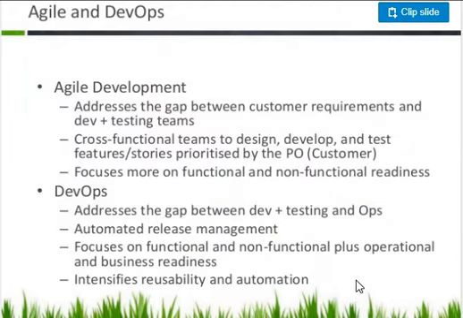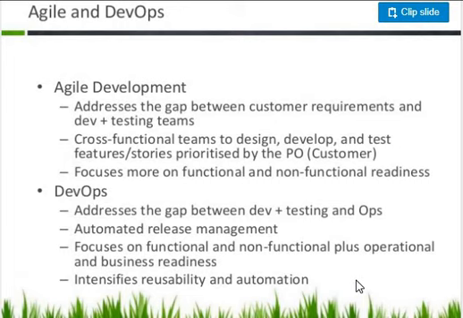Agile development addresses the gap between the customer requirements and the dev plus testing teams, with cross-functional teams to design, develop and test the feature stories prioritized by the customer. It focuses more on the functional and non-functional requirements. So agile development reduces the gap between your customer requirements and your development and testing team.